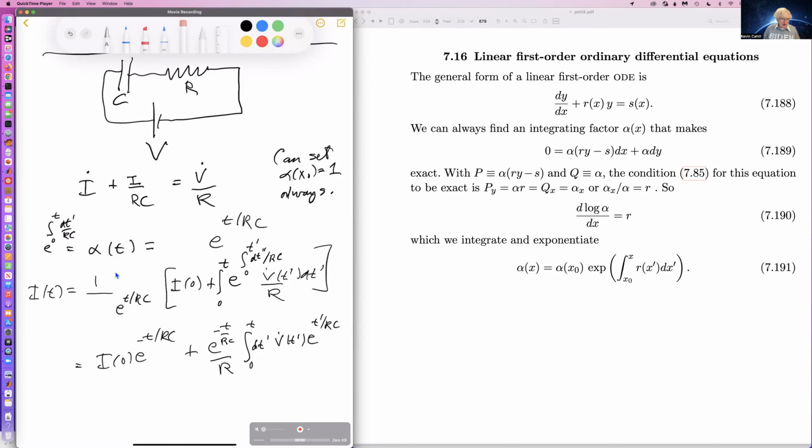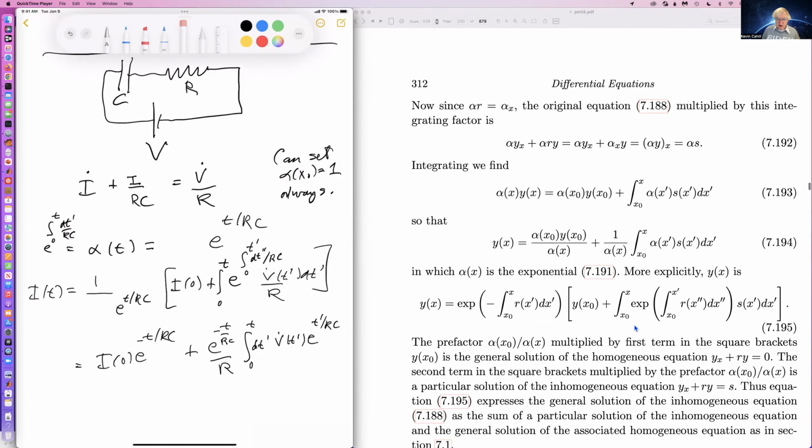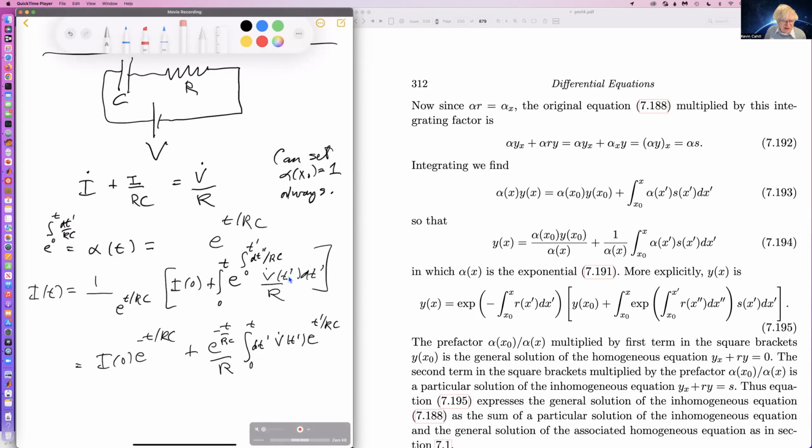And so 1 over alpha is just 1 over e to the t over RC, and then I of 0, so going back to here, I of 0 plus the integral, and then here you have the inhomogeneous term, which I'm taking as given, V of t is the applied voltage.